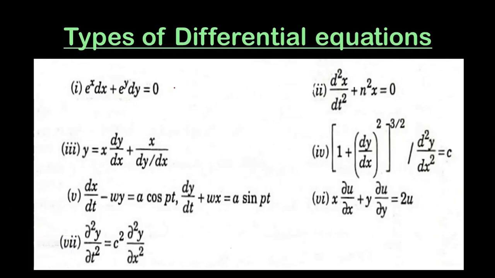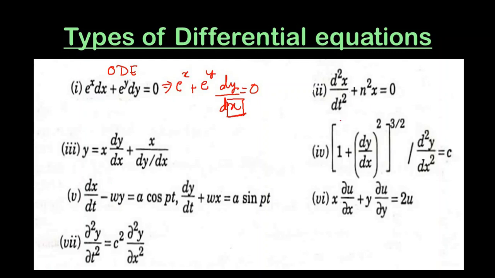First equation, if we convert it into the form of e raised to x plus e raised to y dy by dx equal to 0, I've got this by dividing the left hand side and right hand side by dx. So here you see that I am calculating the derivative only with respect to one independent variable, which is x. And whenever you have only one independent variable, then this is of the type of ordinary differential equation.